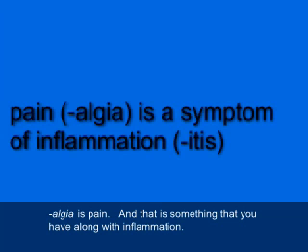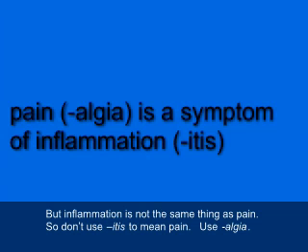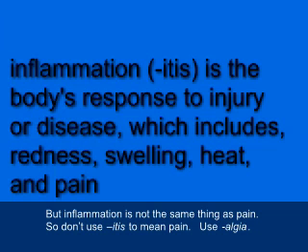And remember the difference between itis and algia. Algia is pain, and that is something that you have along with inflammation. But inflammation is not the same thing as pain. So don't use itis to mean pain. Use algia.